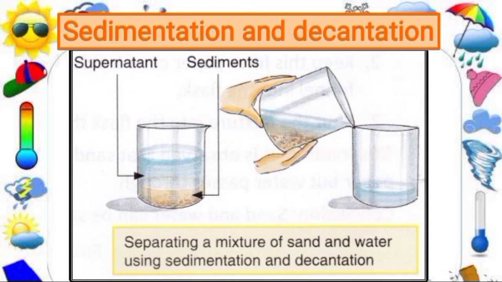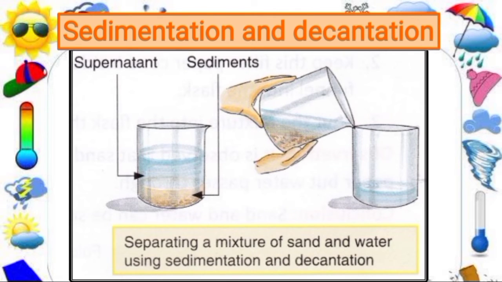Sedimentation and decantation is another method of purifying water. During sedimentation, the liquid is left undisturbed for some time. Then the heavy insoluble solids settle down at the bottom, and this process in which insoluble substances settle down is called sedimentation.